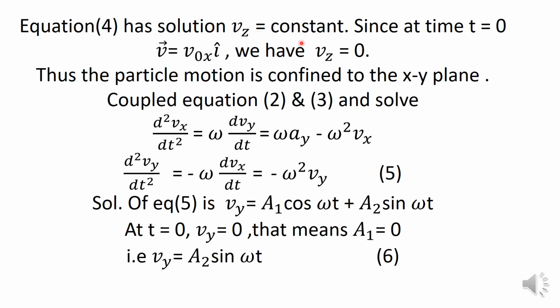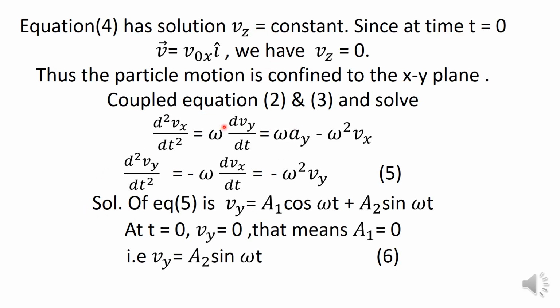Thus we conclude from this equation that the z component of velocity remains constant. That means in the z direction there is no force, and therefore the particle motion is confined to the xy plane.